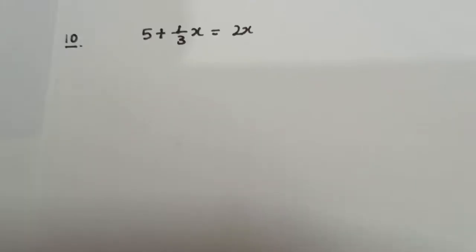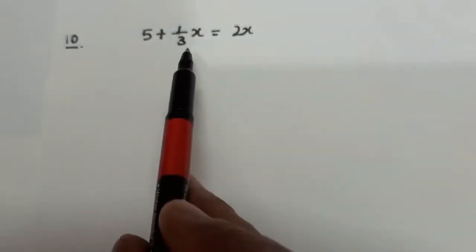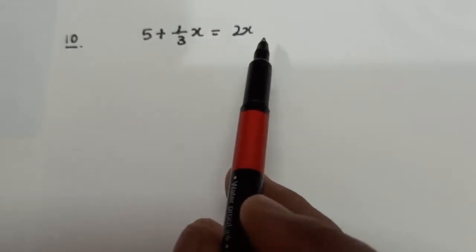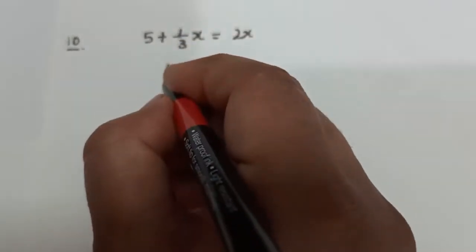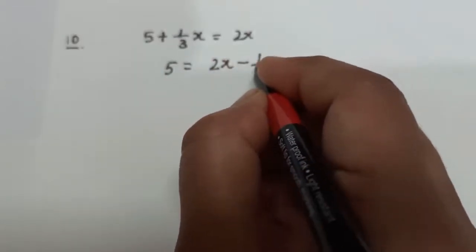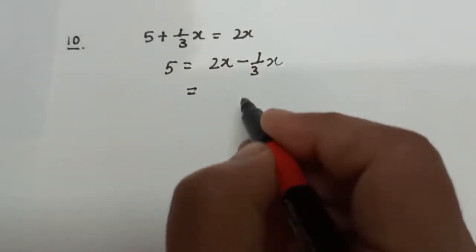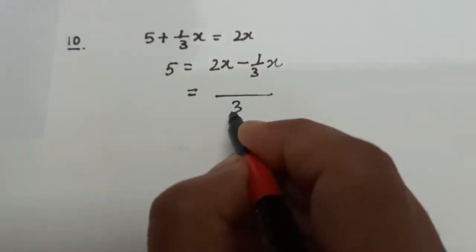Question number 10. 5 plus 1 on 3x is equal to 2x. Now you can see x terms will be written on one side. So let 5 stay here and take 1 on 3x to the other side as minus 1 on 3x. Now on this side, let us take 3 as the LCM.